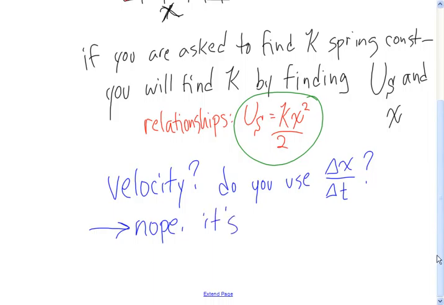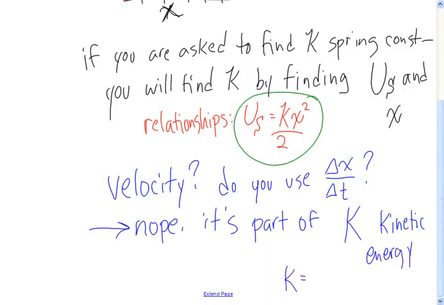A velocity is part of, for example, big K kinetic energy. What do you need to know to find out a velocity? The amount of kinetic energy, the amount of mass of the moving object.